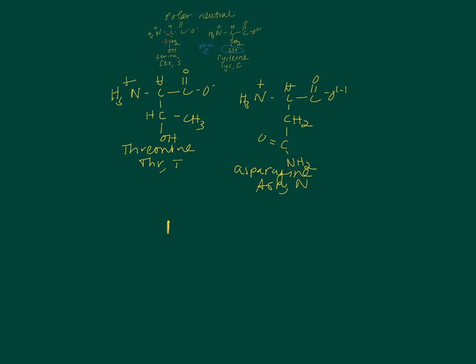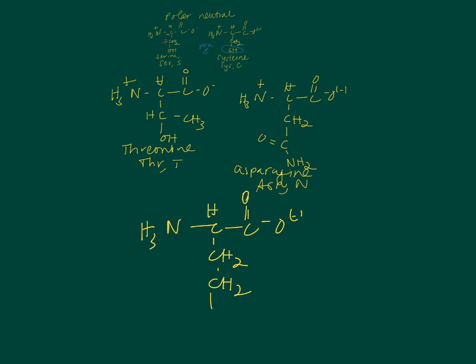Okay, and then the very last one, NCC, NH3, alpha carbon, carboxylic acid. It's just like asparagine, except there are 2 of these methylene groups. A methylene is kind of like a methyl, but it's missing one of the hydrogens.